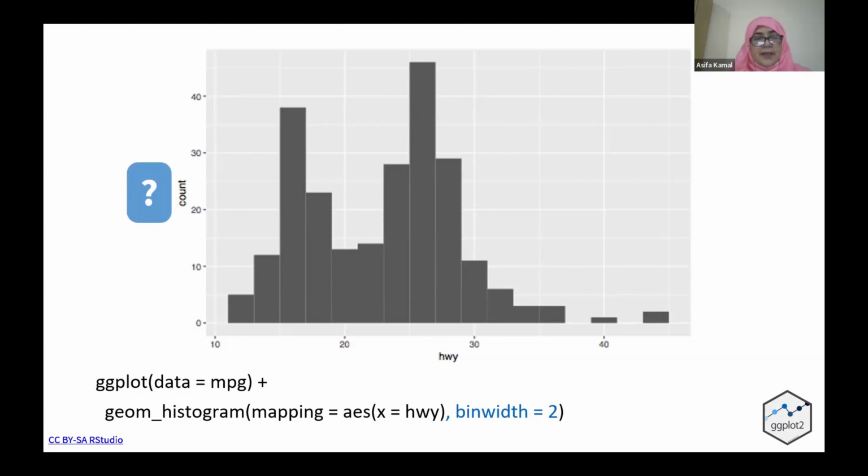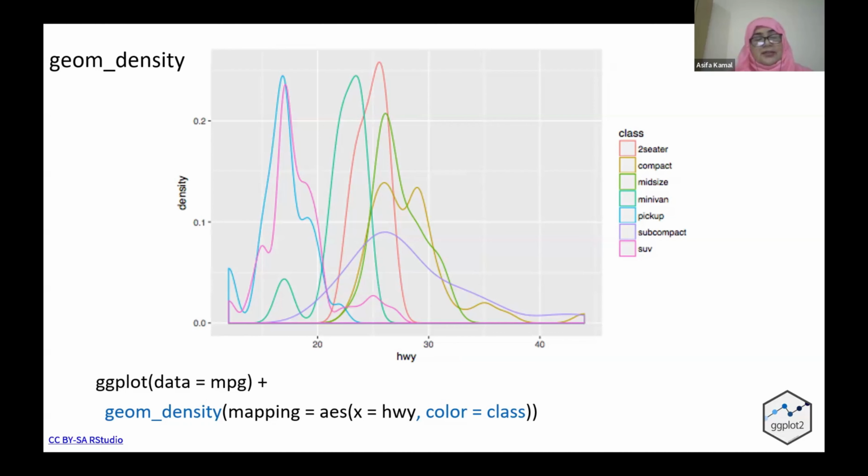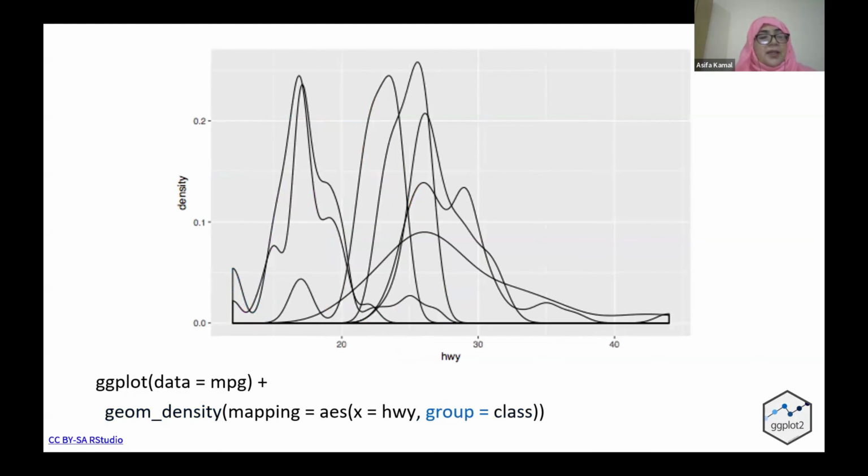The rest of the code remains the same throughout, so it is very easy to change your graph with a little modification in the code. Here, instead of using the color aesthetic property, group equal to class has been used, and it has generated different density plots for different categories of class, but without mapping color aesthetics.